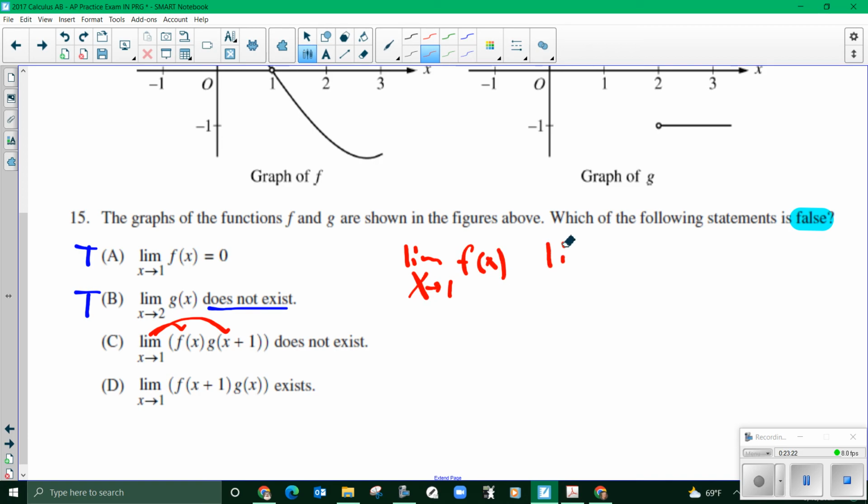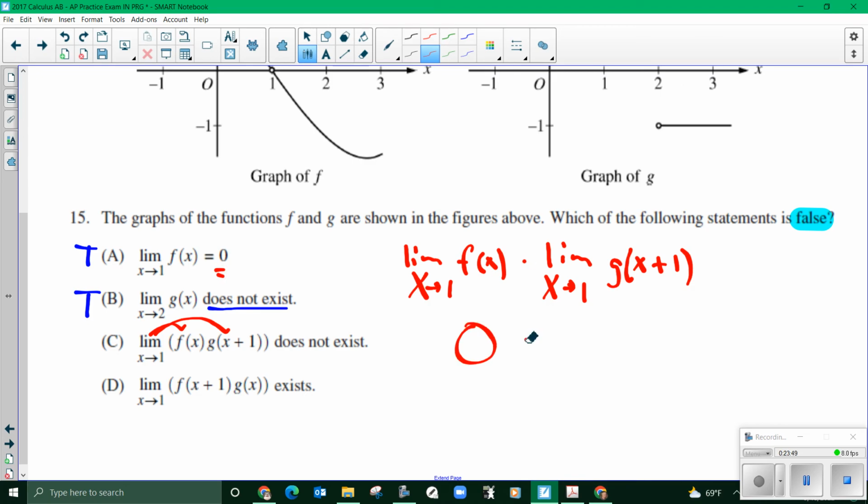And then the limit as x approaches 1 of g of x plus 1. Look at me go. That's an important thing. Well, the limit as x approaches 1 of f of x we just did is 0.